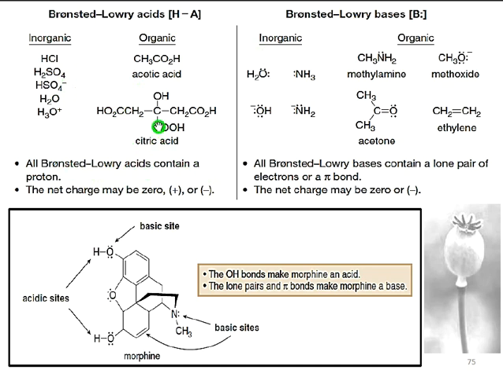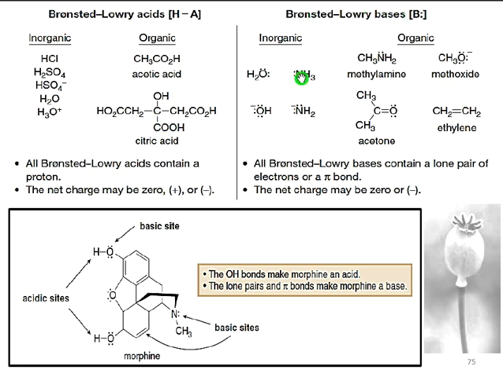Look, all these compounds have a proton. The net charge may be 0, plus or minus. Here is a plus, here 0, minus, negative, 0, 0, 0, 0, 0. That means the net charge may be 0, plus or minus.